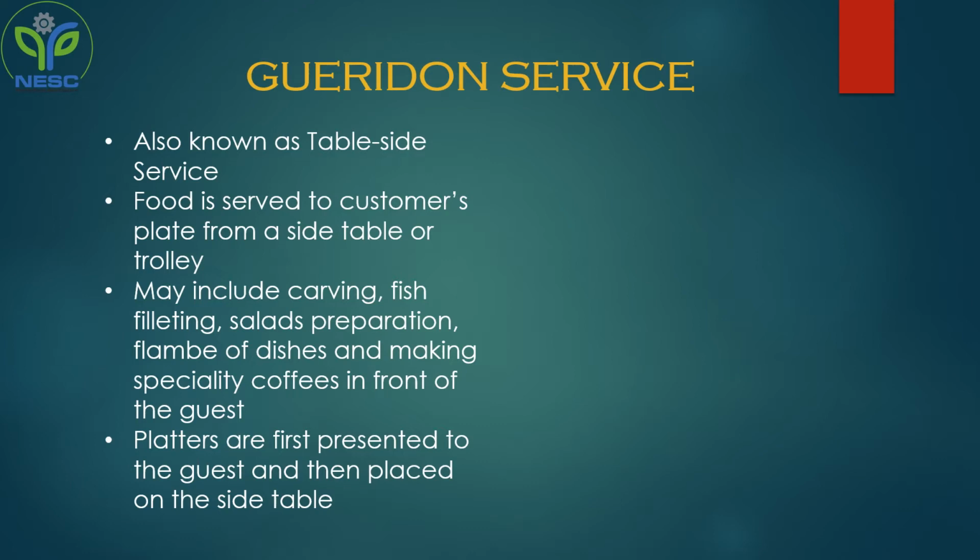So this special trolley holds all the essential equipment required for service, like crockery, cutlery, service gear, plates, etc. It is used for carving or cutting of meat, and fish filleting, which means to cut or slice away the flesh of a fish from the bone, right?